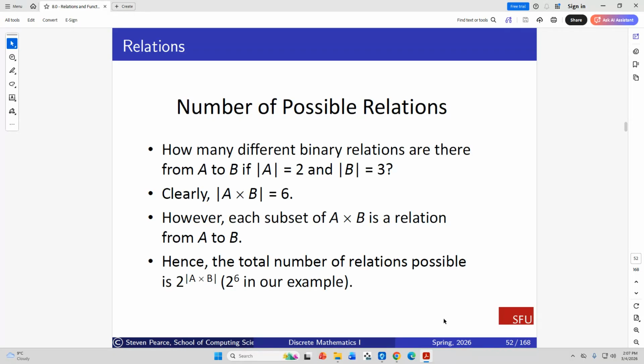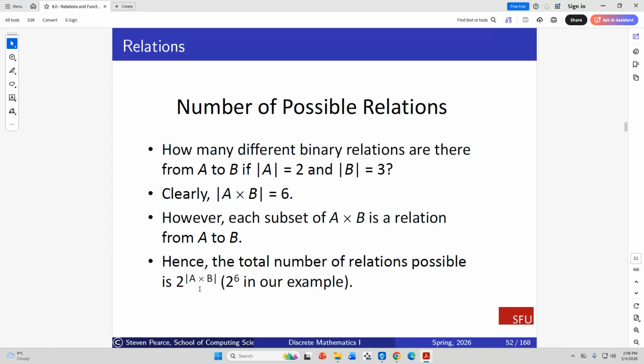Cardinality. Well, we already talked about this. The cardinality of relations. We found out earlier the cardinality of the Cartesian product. Sorry. Yes, the cardinality of the Cartesian product is 2 raised to the cardinality of the set, so it's 2 to the 6 power.